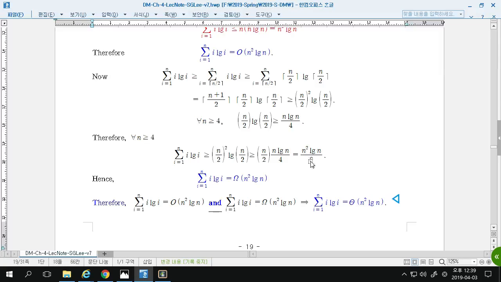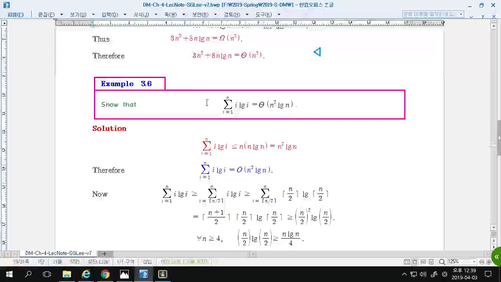If we define C2 as 1 over 8, then the left-hand side is omega of n squared times log n. Since it is big O and omega, it is theta of n squared times log n. So we have shown this.